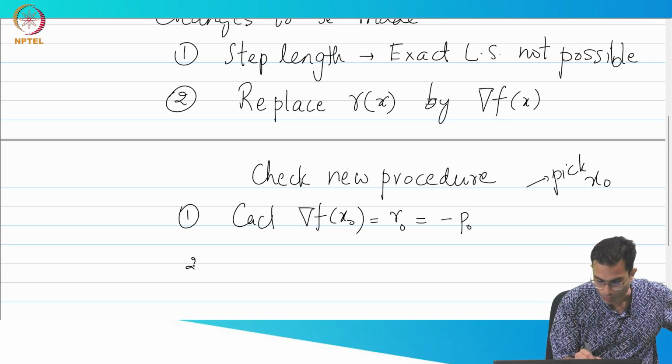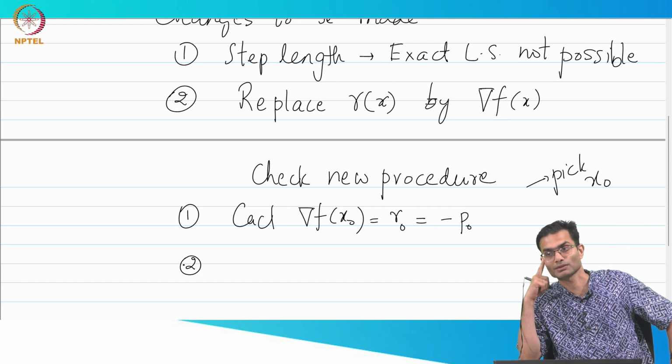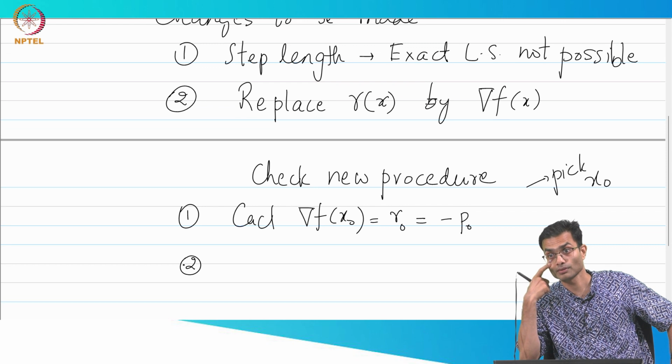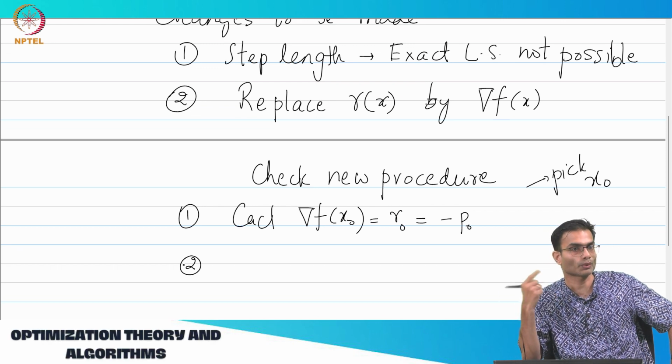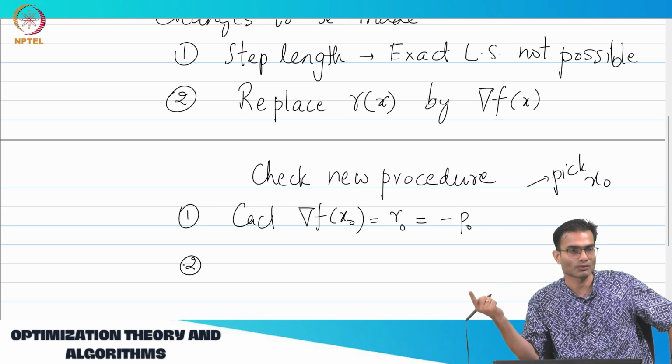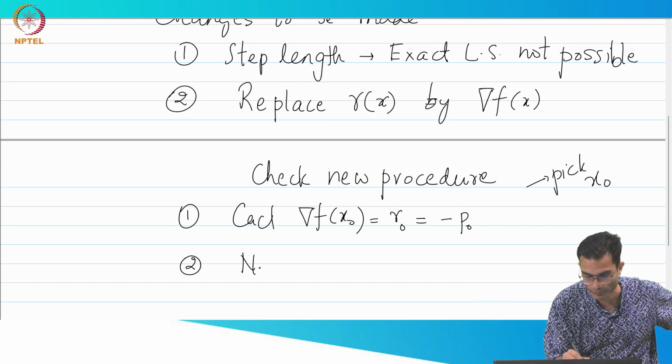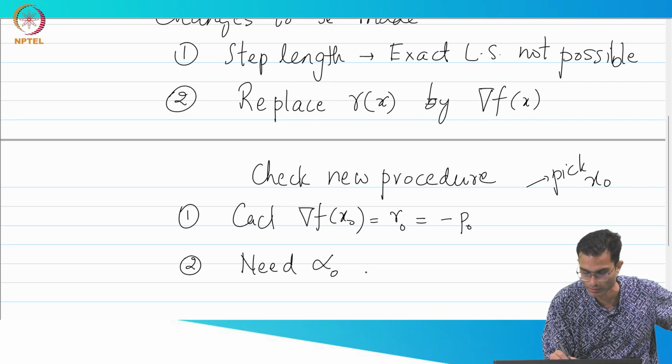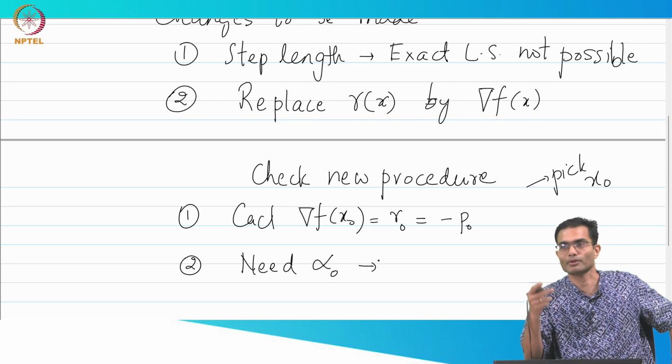Okay. What do I do with this next? I've got the direction in which I have to go. What do I need to go to x1? Alpha 0, right? So therefore I need alpha 0. How am I going to get this?